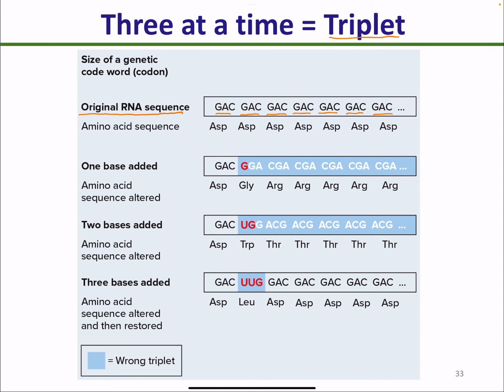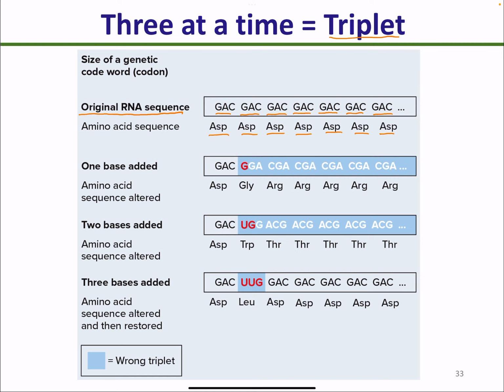The equivalent amino acid is going to be asparagine, repeated for each codon. Now, say we have an insertion of one nucleotide.